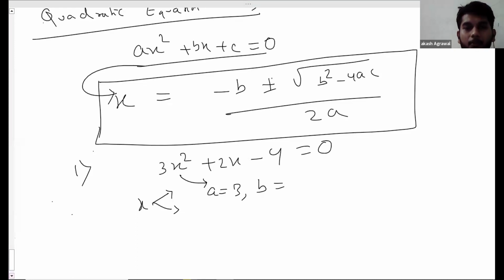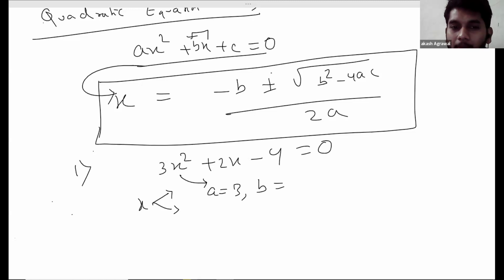B. See, what is the coefficient of X? X के साथ जो लिखा हुआ है वो B होता है. अफनान, X के साथ यहाँ पर 1 लिखा हुआ है. अफनान भाई पहले तो माइक ओपन करो, चैट करते हैं आप बार बार. X के साथ what is the coefficient of X here?